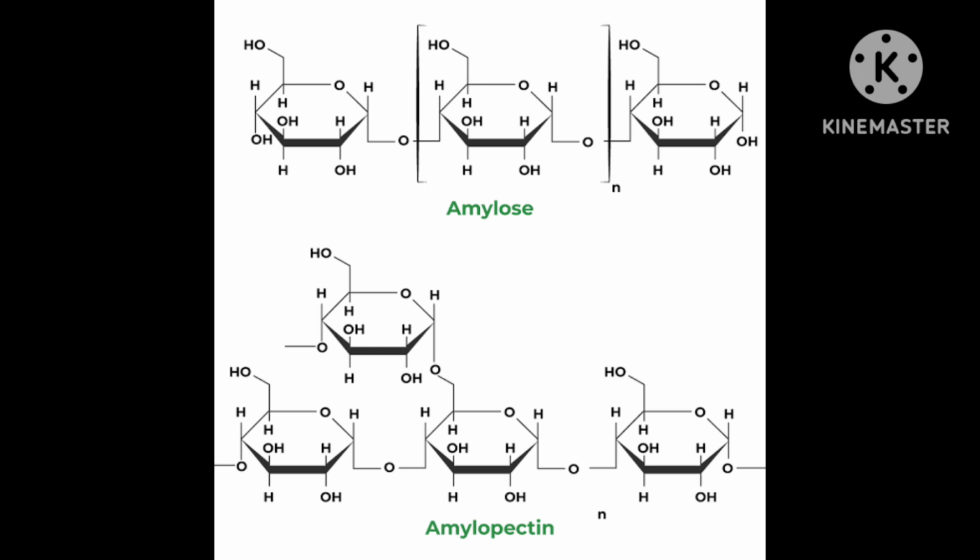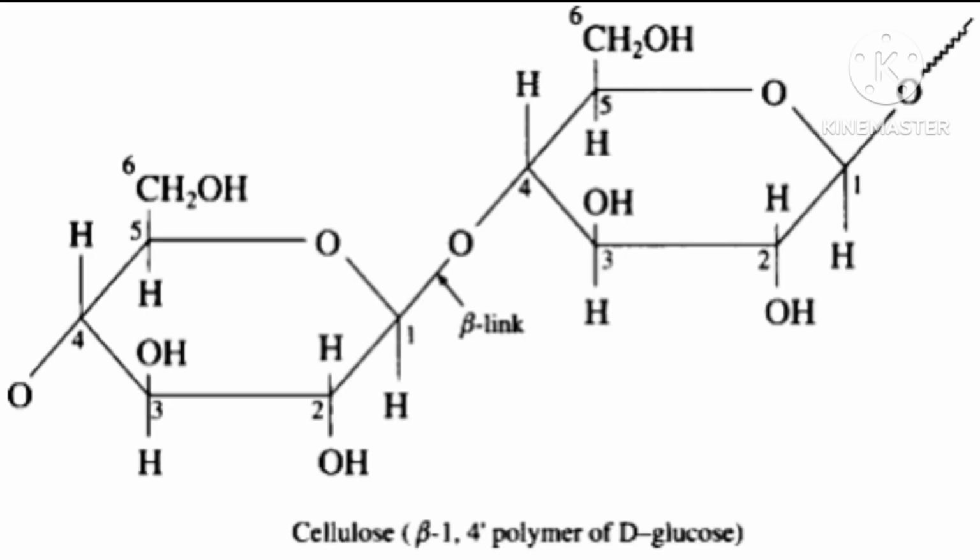Then that OH, again same way, will go as OH minus, then the first carbon will become positive, and from the CH2OH, only H will go. Then what will happen? The remaining will be negative, means oxygen will become negative, correct?